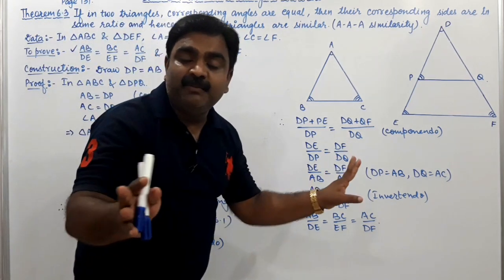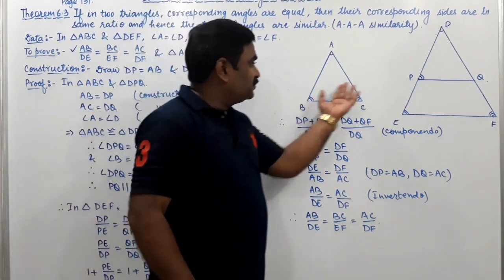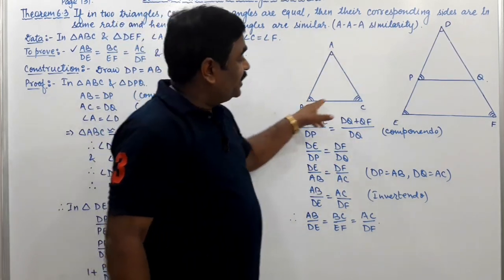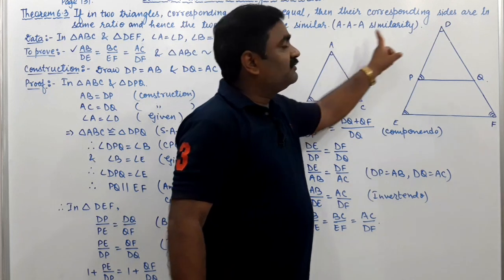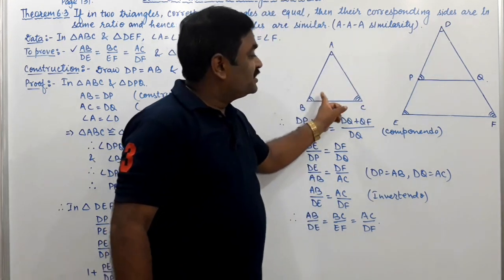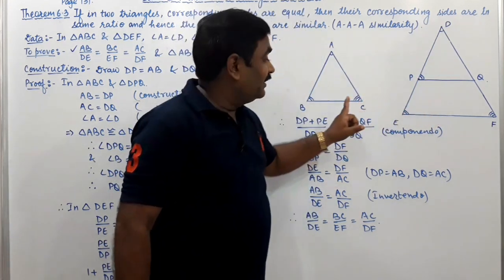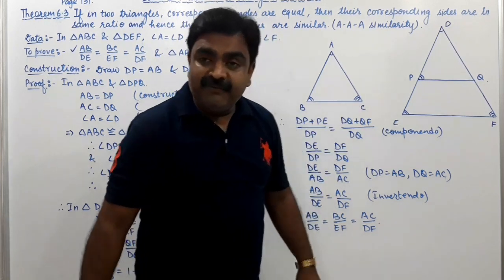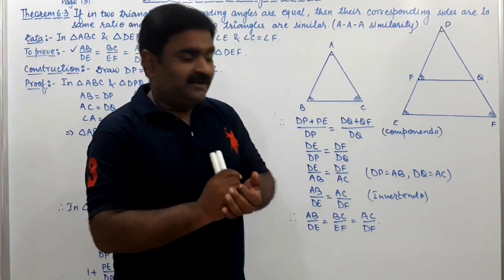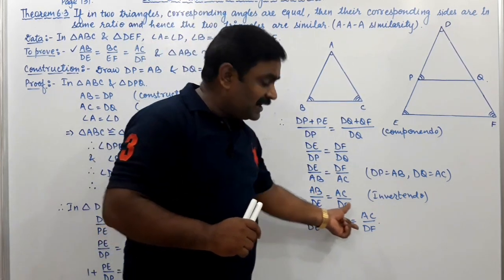Now both conditions are applied. In these two triangles, corresponding angles are equal, meaning angle A equals angle D, angle B equals angle E, and angle C equals angle F, and their corresponding sides are in the same ratio.